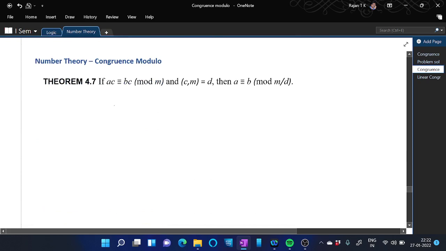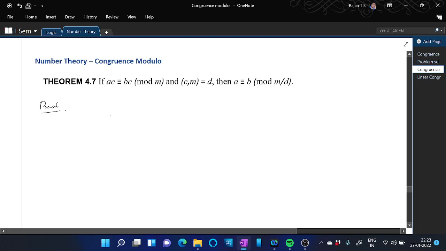Now we have another theorem. If AC is congruent to BC mod M, and suppose C and M are not relatively prime, that is GCD of C and M is D, then A is congruent to B mod M by D. That is the result that we have. Let us go for the proof here.